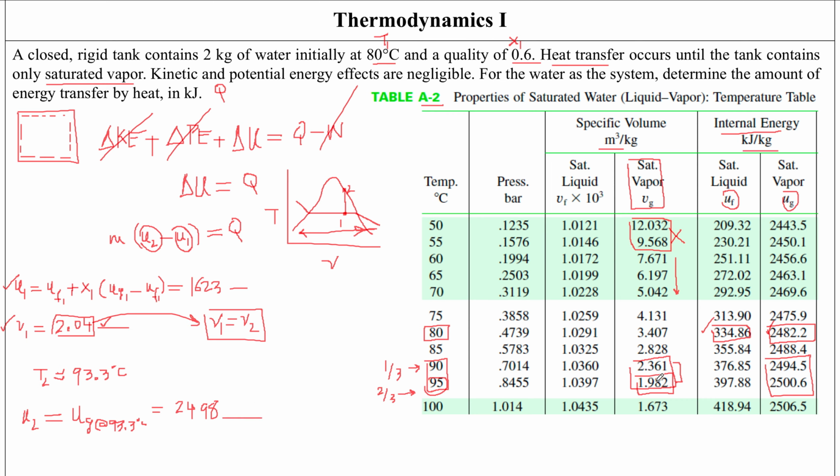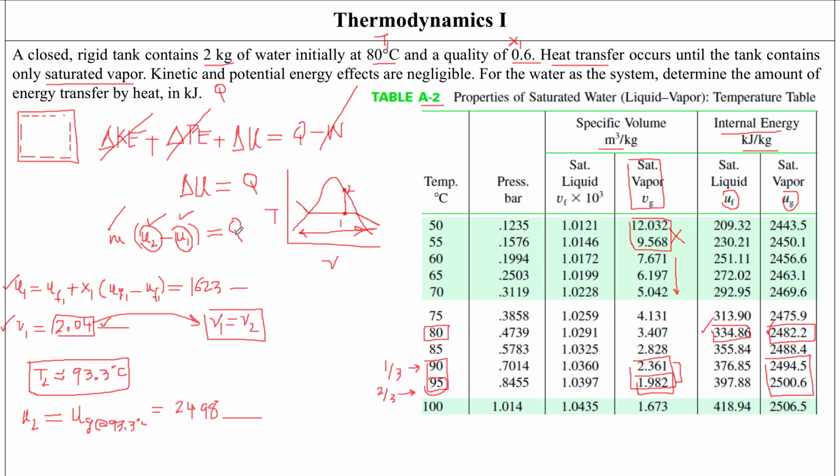So yeah, you obviously have to do interpolation at least once, but you saved your time by not doing the interpolation here if it's not being asked of you. But for this step, you obviously got to do the interpolation now. And now because you have the value for U2, you've got the value for U1, and mass is given to you as 2 kilograms.